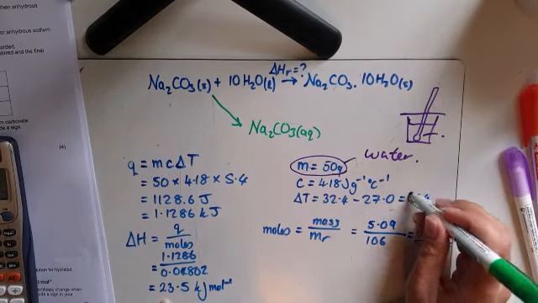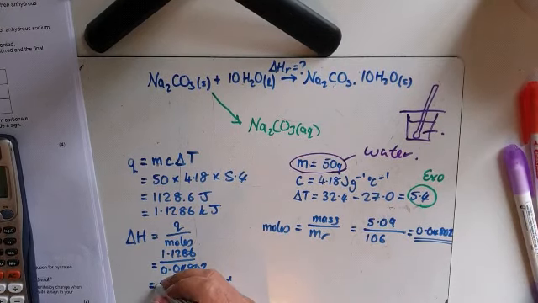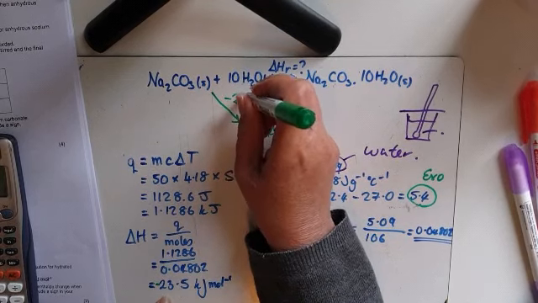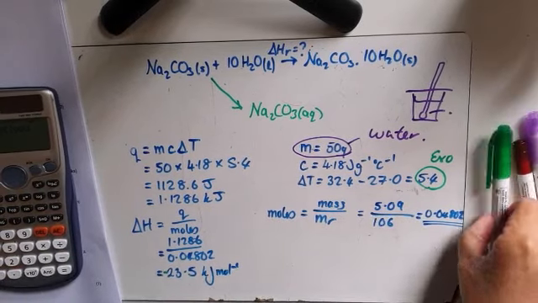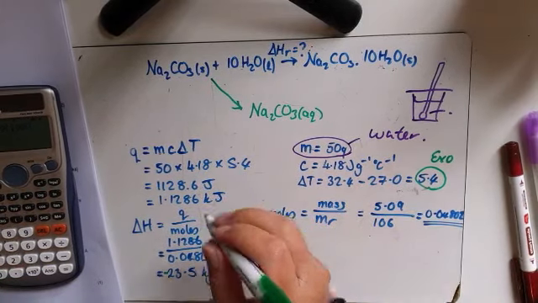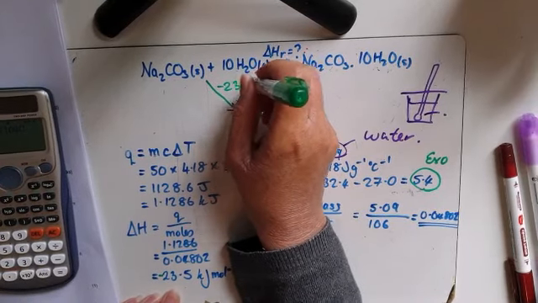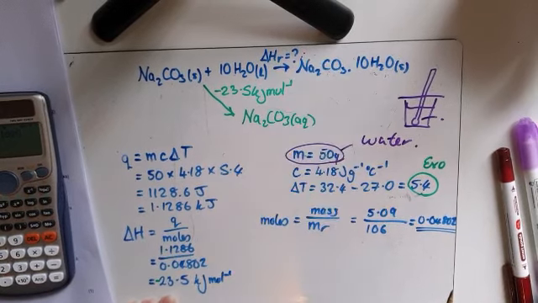So we look at that temperature, it was a temperature rise, so it's exo. So that needs to be a negative delta H. So here I should have negative 23.5. Right, so we'll draw in the negative. There, negative 23.5 kilojoules per mole minus 1.